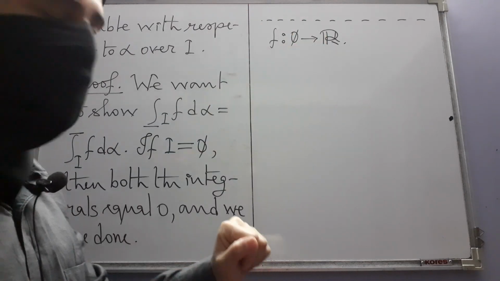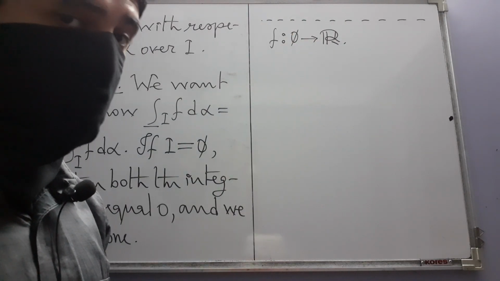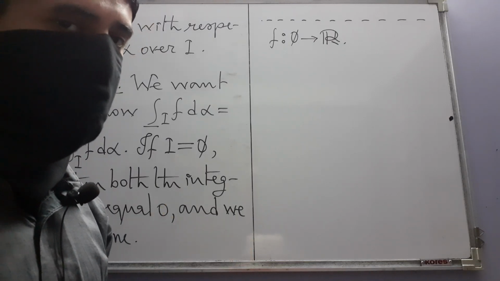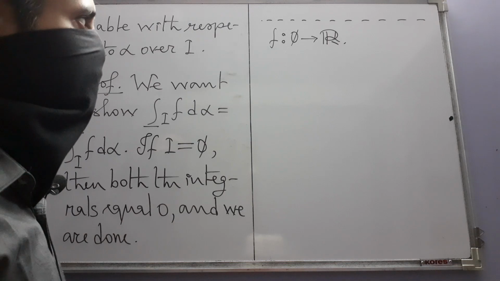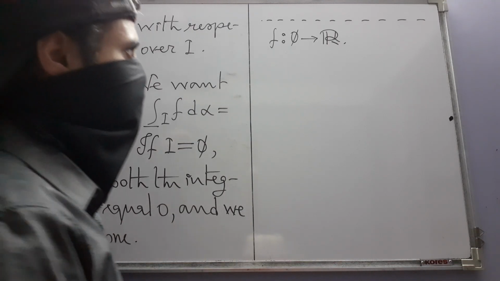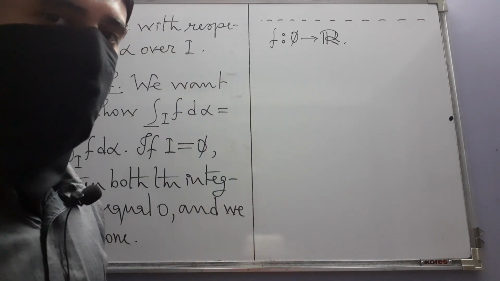What type of function is f? Is f a constant function? Is it piecewise constant? Yes, actually f is constant. How do we show that f is constant? What is the condition for a function to be a constant function?